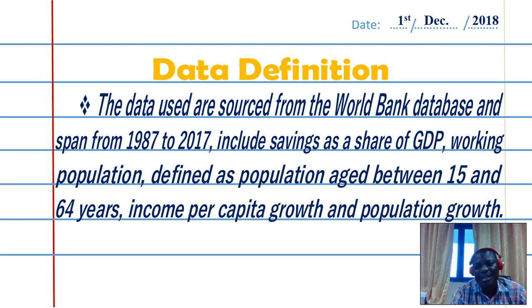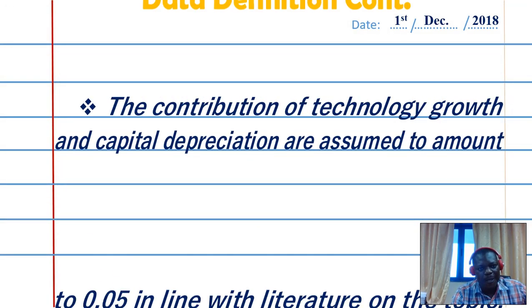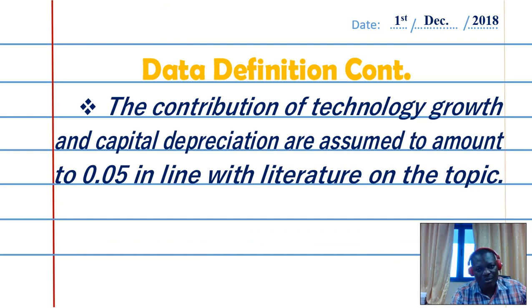Those are the data we pick from the World Bank database, spanning 1987 to 2017. We also look at the contribution of technology growth and capital depreciation, assumed to amount to 0.05, or 5%, in line with literature on the topic.